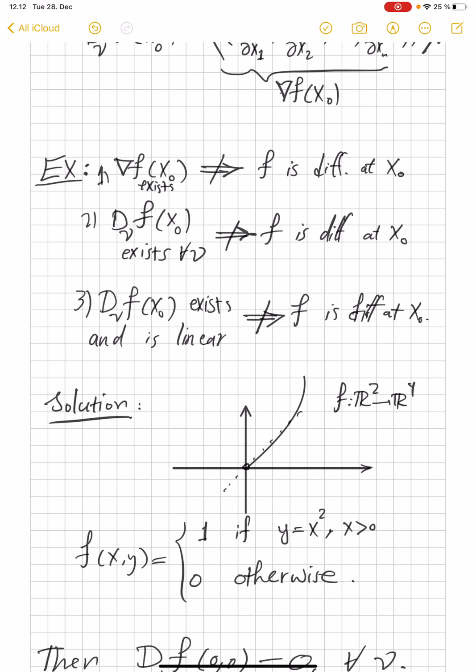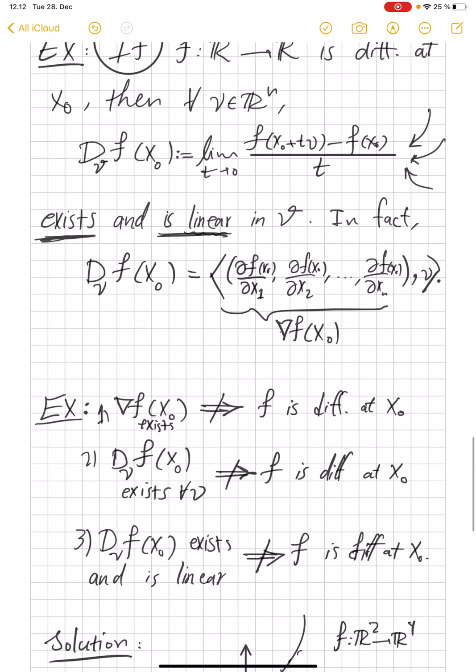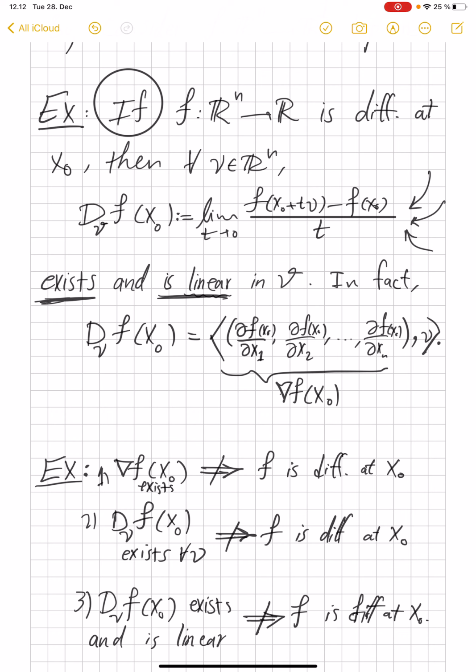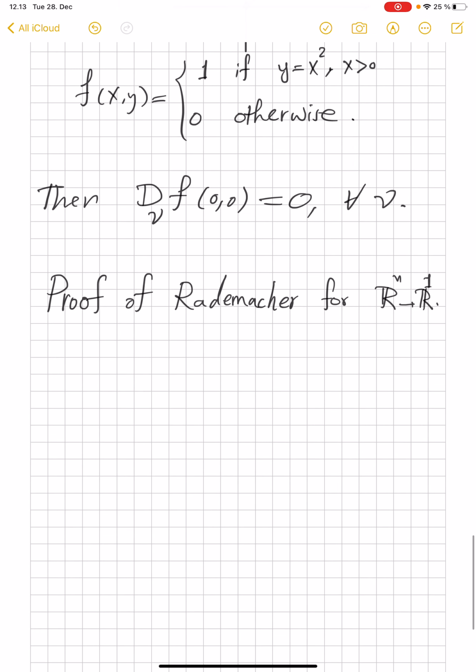So it's trying to find the reverse of this exercise. That in fact, if you are Lipschitz, existence of directional derivatives together with linearity does in fact imply differentiability. So you start with step 1.